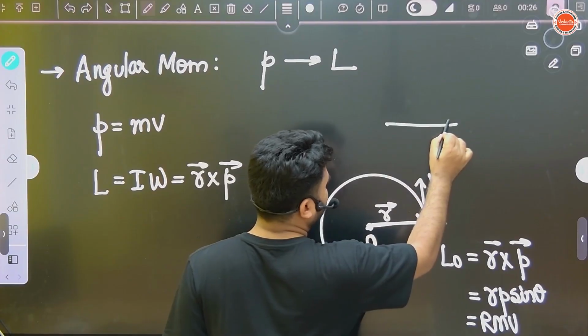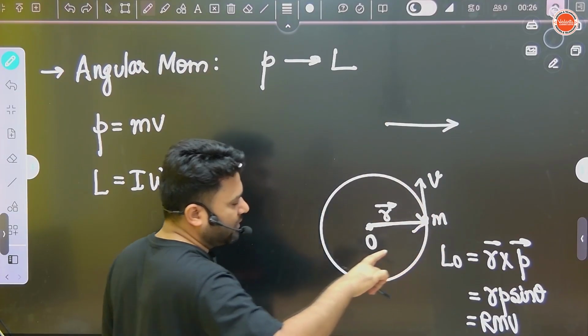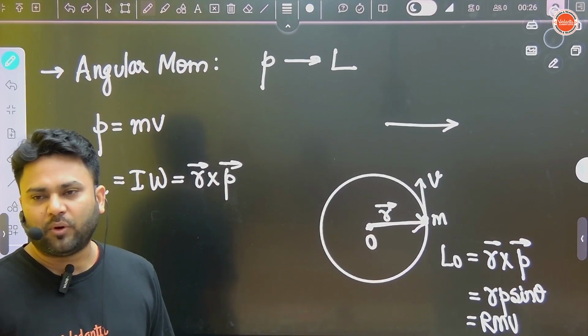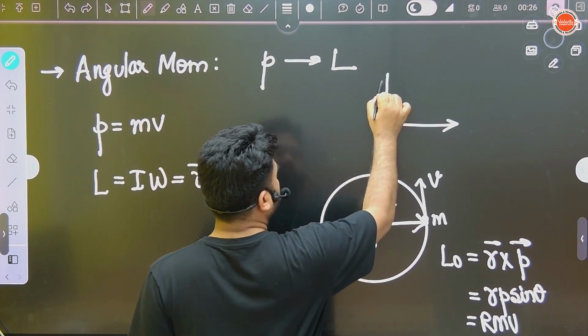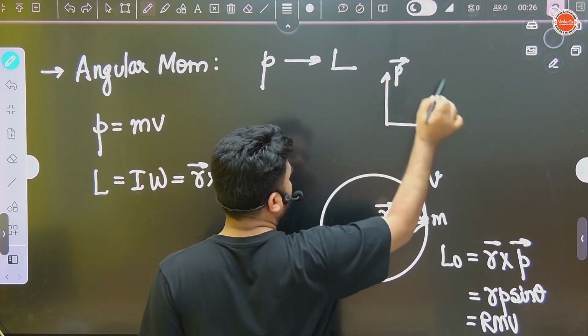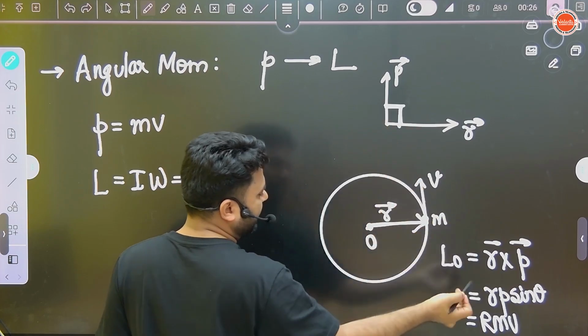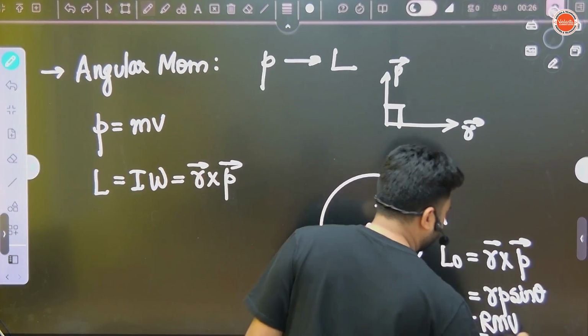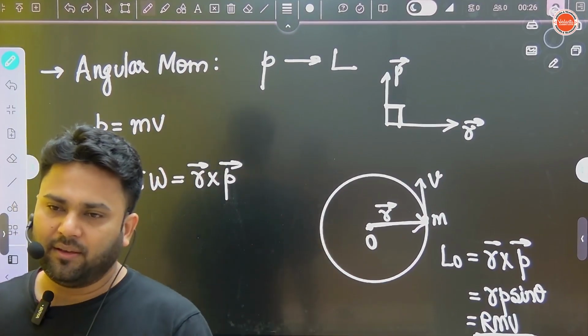The r vector is like this in the east direction, and p is along the direction of velocity. The angle between them is 90 degrees, so sin 90 is 1, so you will get mvr.